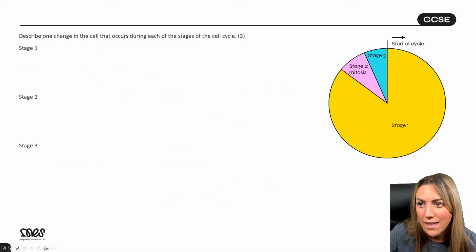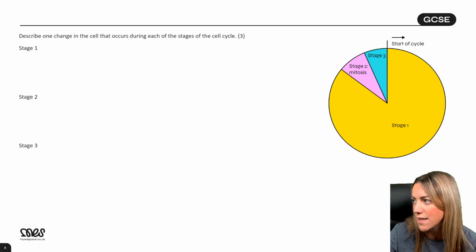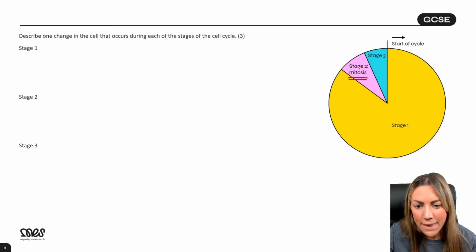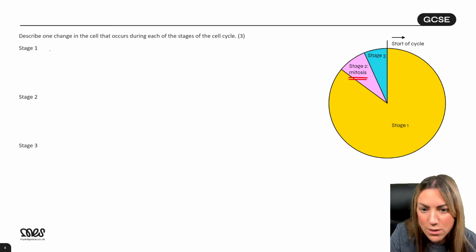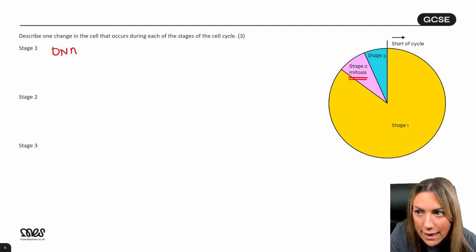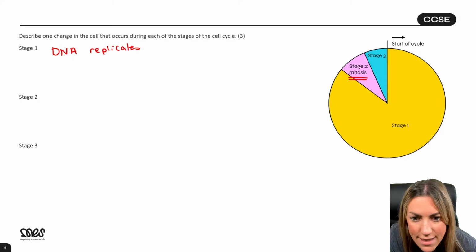Okay. Describe one change in the cell that occurs during each of the stages. So we've got stage 1, stage 2, which we're told is mitosis, and stage 3, and we need one change. You should be able to give more, but we need at least one. Okay, excellent, Bella. DNA replicates. What else could we have said?